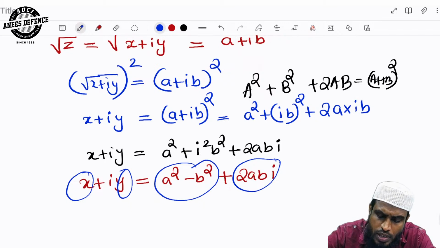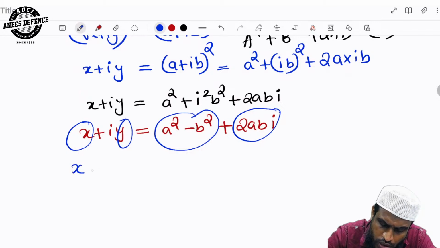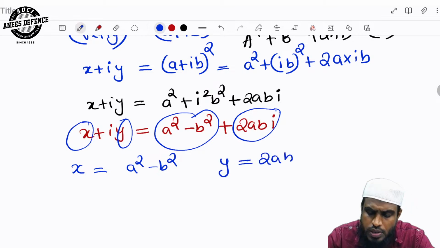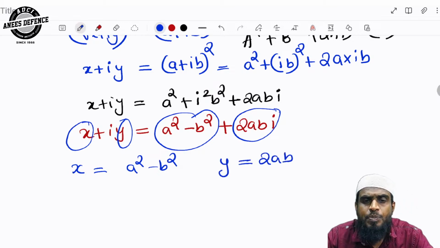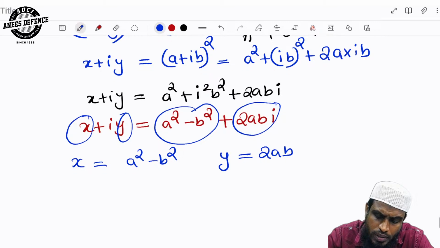Here we can equate the real part and imaginary part. So x is real, the right side is a square minus b square, and y is imaginary, and 2ab is imaginary on the right hand side. So here we got like this.